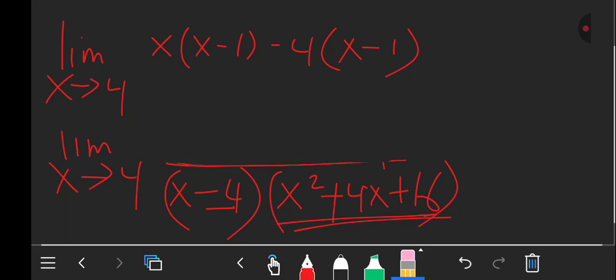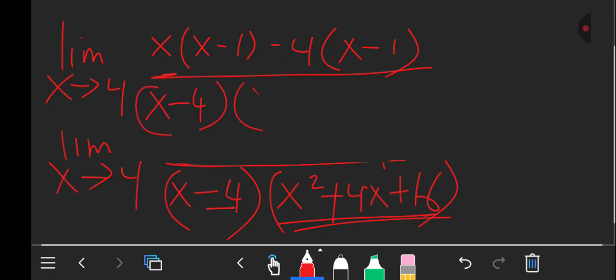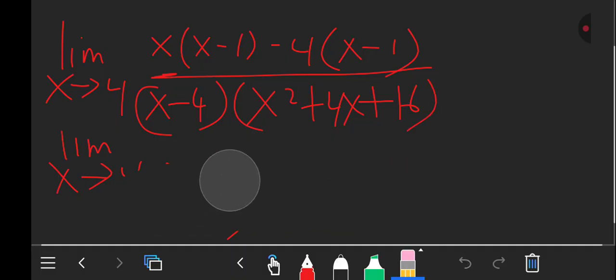Now on the denominator, I'm going to have x minus 4 in brackets like that, times x squared plus 4x plus 16. Okay, so this is what I have at this point.